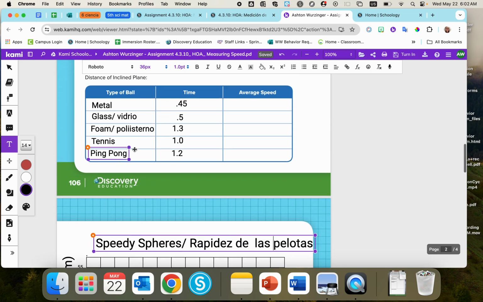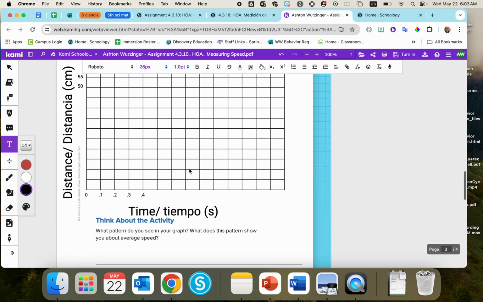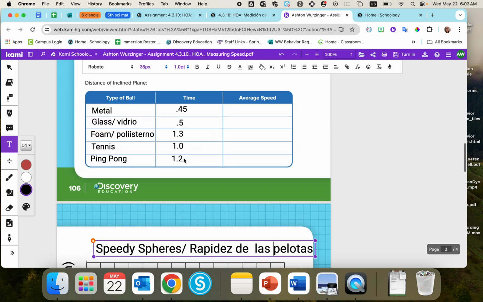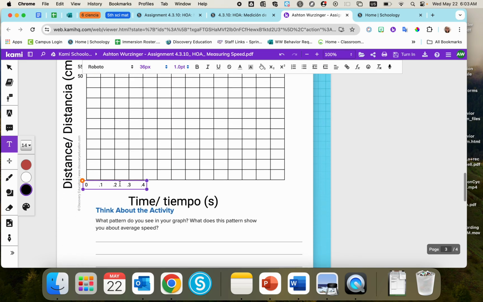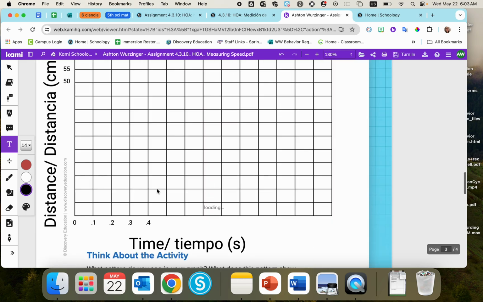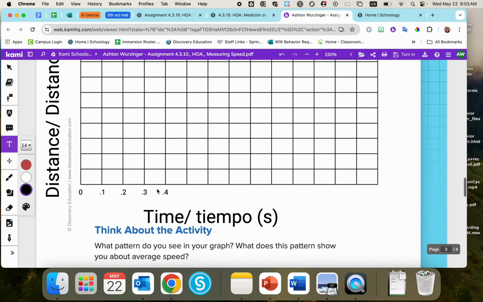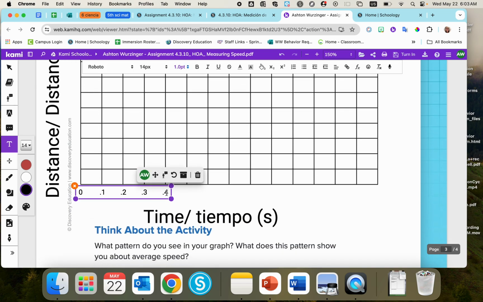Now, if I look at my data table, this is where your graph might be a little bit different. My smallest time is 0.4, and my largest is 1.2, 1 second and 0.2. So I have enough on here so that I can fit this largest number.